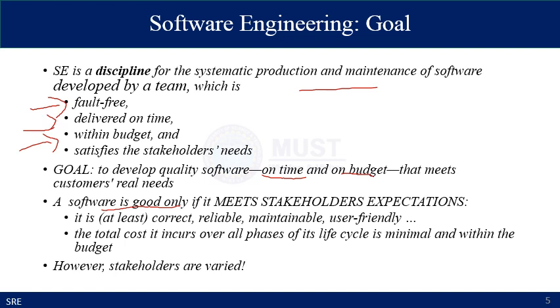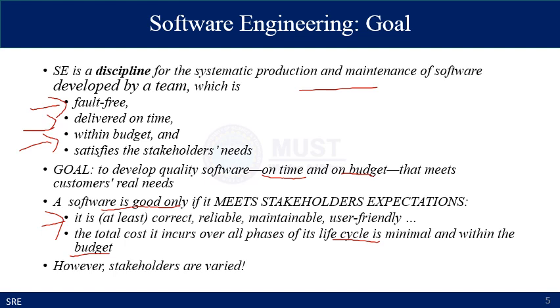So it is at least correct, reliable, maintainable, and user friendly along with many other requirements. And the total cost it incurs over all phases of its life cycle is minimal and within the budget. So resource constraint is provided along with some quality attributes which will be discussed in upcoming slides.